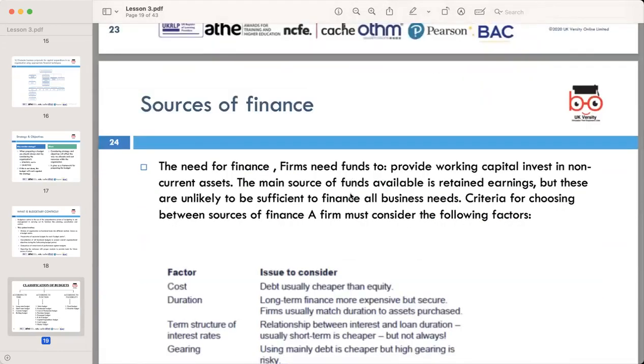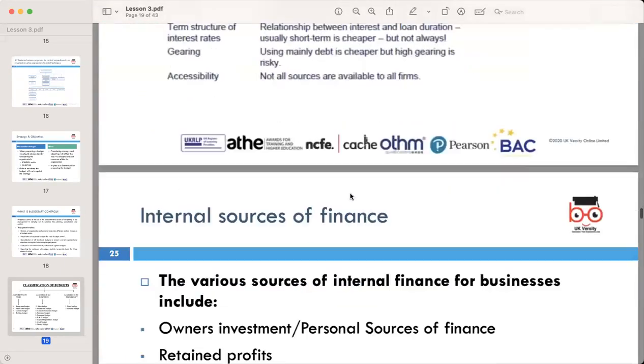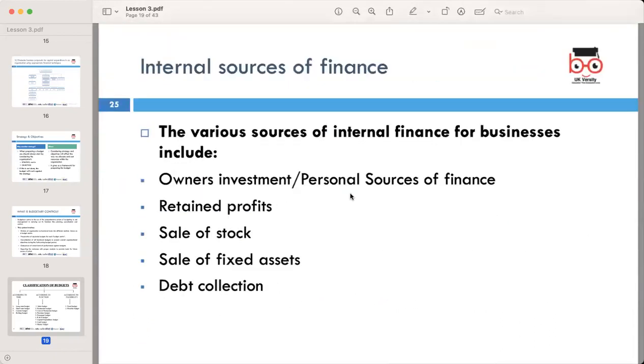Next is sources of finance. So there are various sources of finance available to business. When firms require funds, they can consider both internal and external sources of finance. So when we talk about internal sources of finance, there are many, including owner investment, personal source of finance, retained profit, sale of stock, sales of fixed assets, and debt collections.